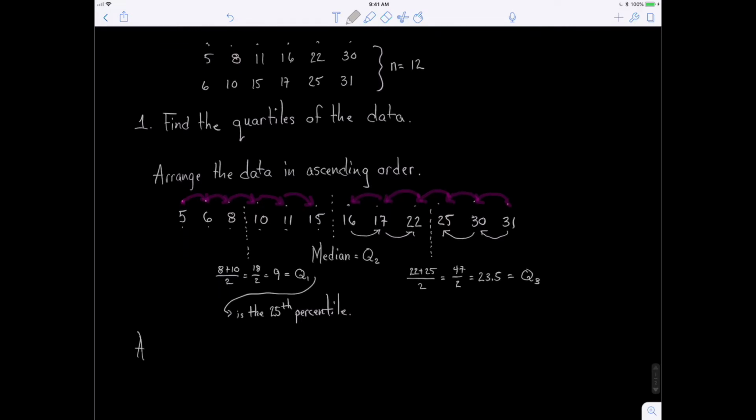A percentile, or we'll call it a percentile rank, is the percent of the data set below the value of interest.